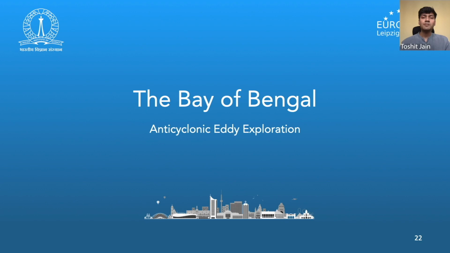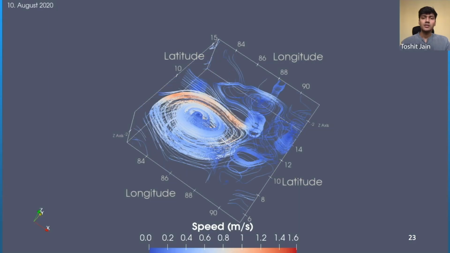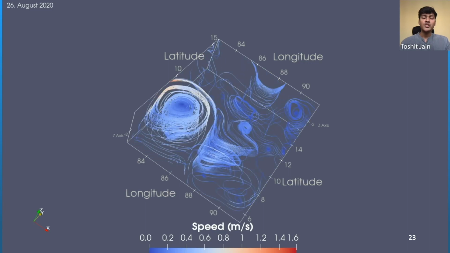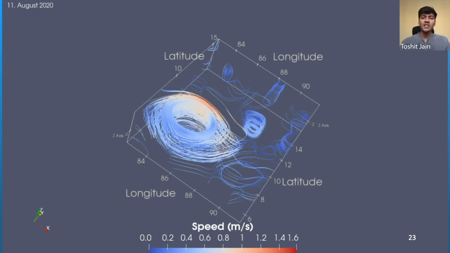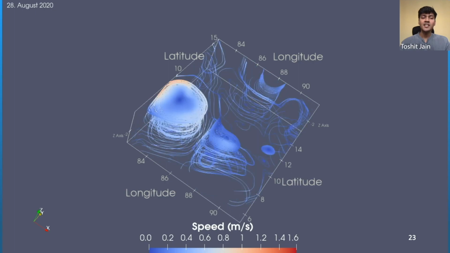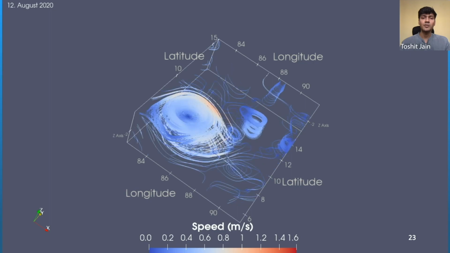Now, we explored the anticyclonic eddy in the Bay of Bengal using the eddy identification tool. Dissipation of the anticyclonic eddy in the Bay of Bengal through August 2020 can be seen in this animation. Streamlines are seeded near the detected vortex cores to show the evolution of eddy profiles in 3 dimensions.